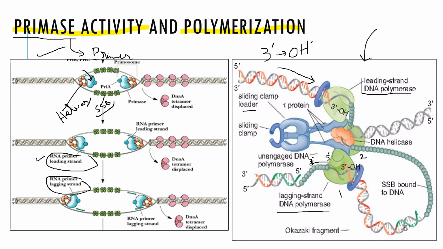So the DNA polymerase starts its activity here, and polymerization will take place in this direction. After that, if there is an unwinding of the DNA strand, another primer, the RNA primer, will be attached by the primase, and here the process of polymerization takes place. So in that case, on the lagging strand, two DNA polymerase 3 are working together.